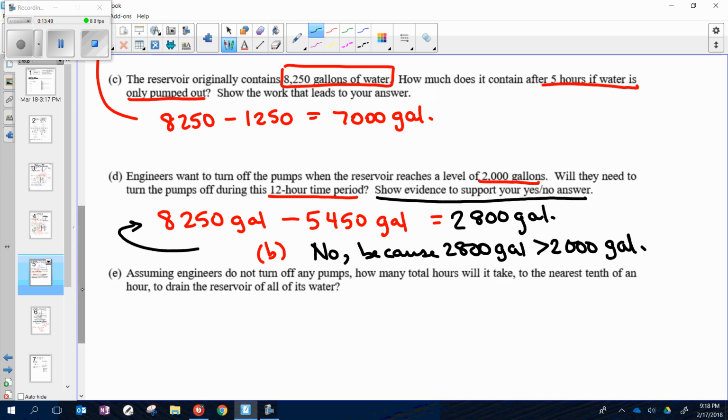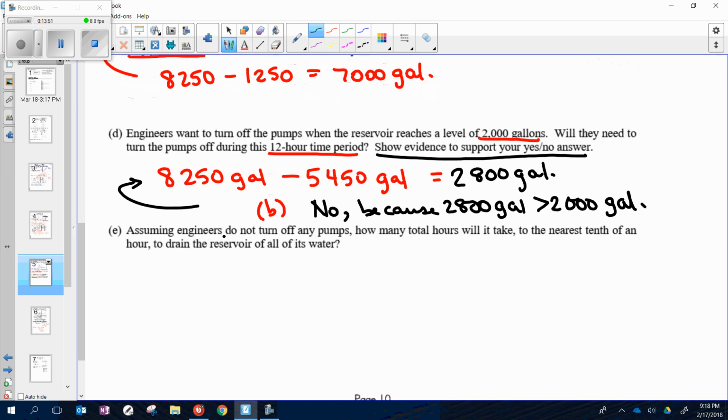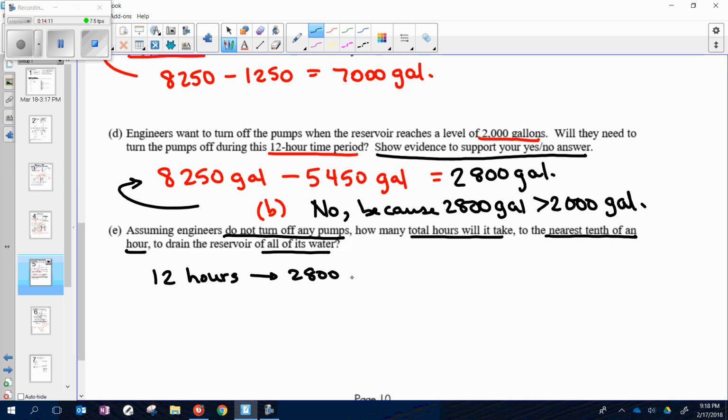I showed my subtraction. Assuming engineers do not turn off any pumps, how many total hours will it take, to the nearest tenth of an hour, this is not going to be a nice answer, to drain the reservoir of all of its water? Well, we know it took 12 hours so far to get us down to 2,800 gallons. So really we just need to drain the rest of that.